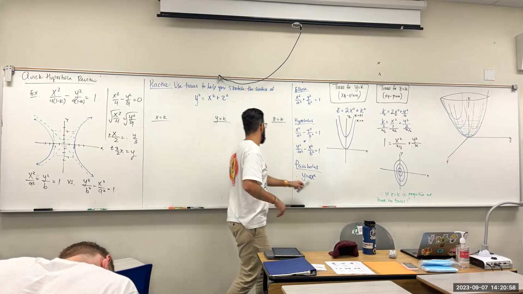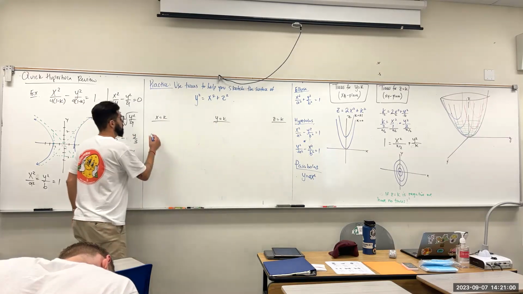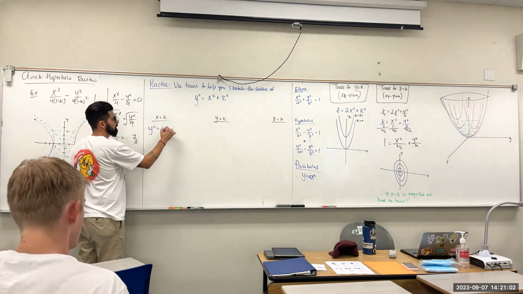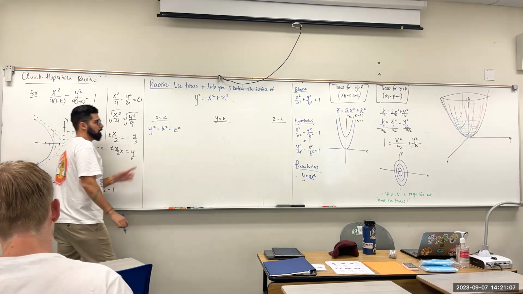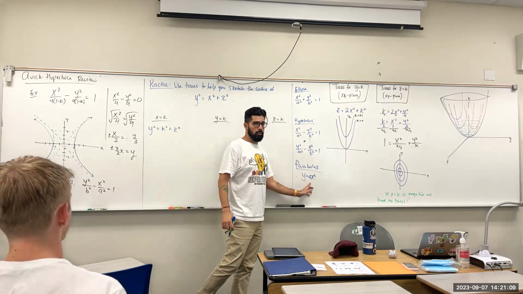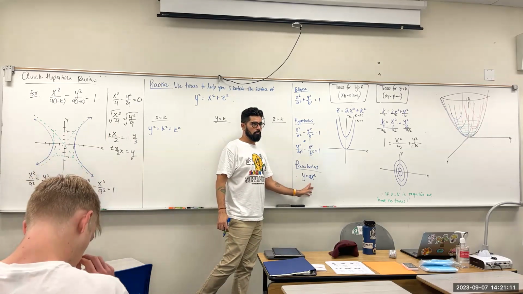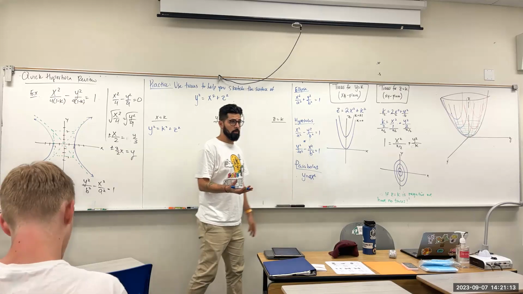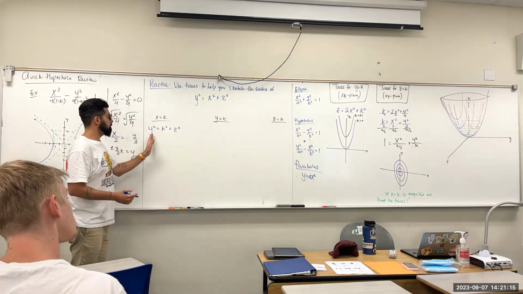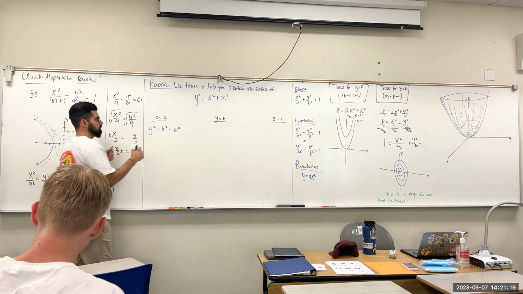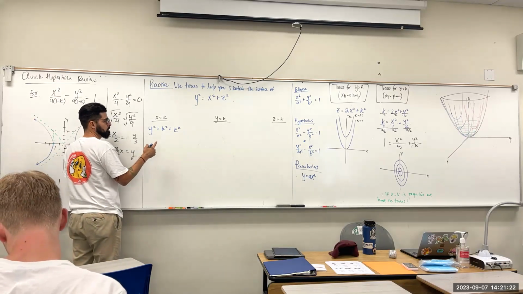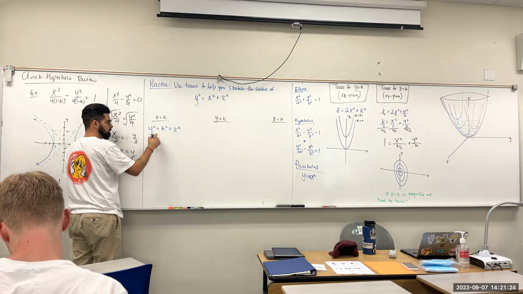Okay, here, I'll do the first one with you guys. So watch. You got this right here, right? Is there any way I can change it so that it looks like this in this way? No, because all the variables are squared, right? So then, since all the variables are squared, let me bring all the variables to one side. So which one do I have to move? Z. What do I have to do?